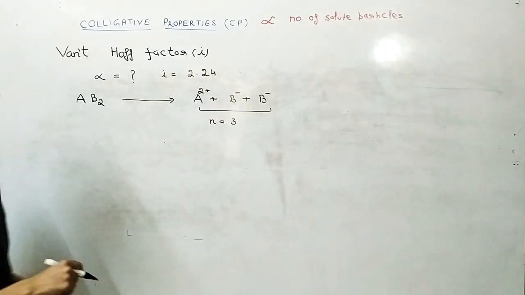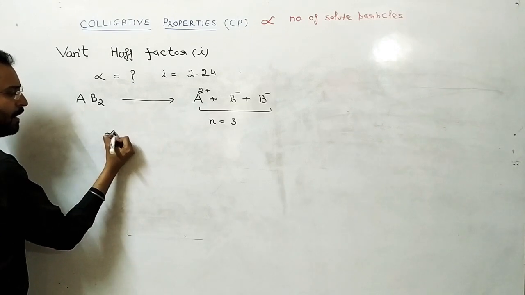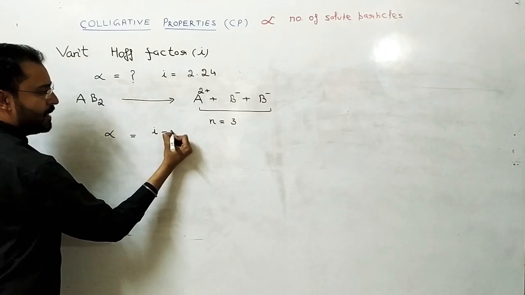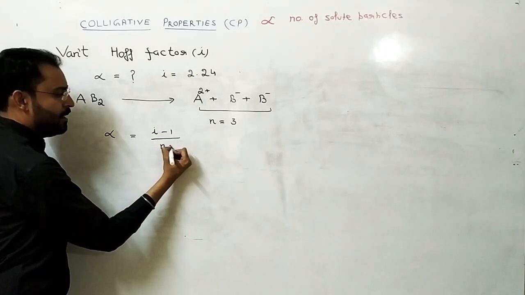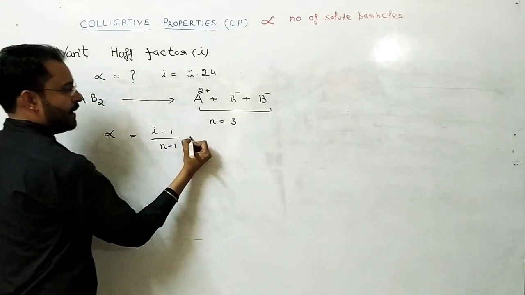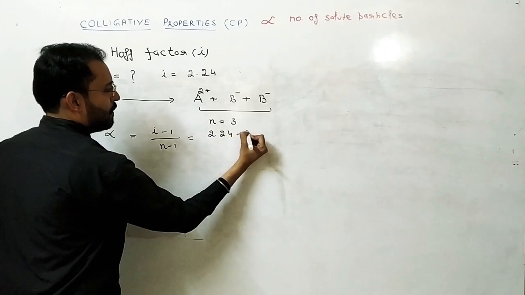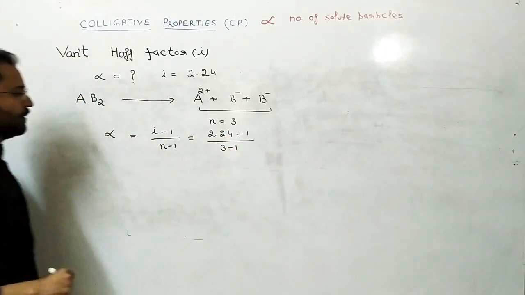Yes, 2.24. Now, from the formula, alpha is equal to i minus 1 upon n minus 1. i is 2.24 minus 1 upon 3 minus 1.